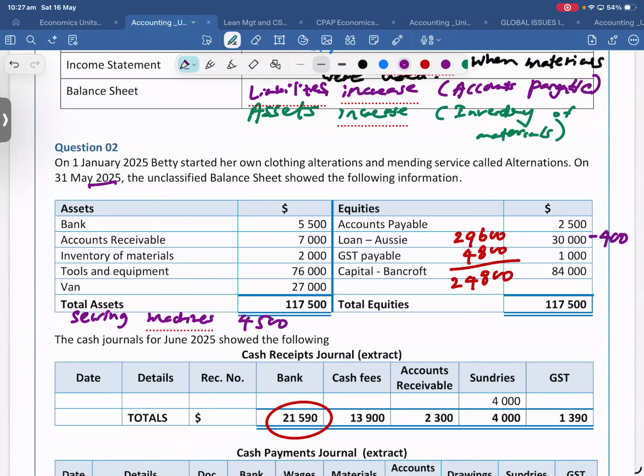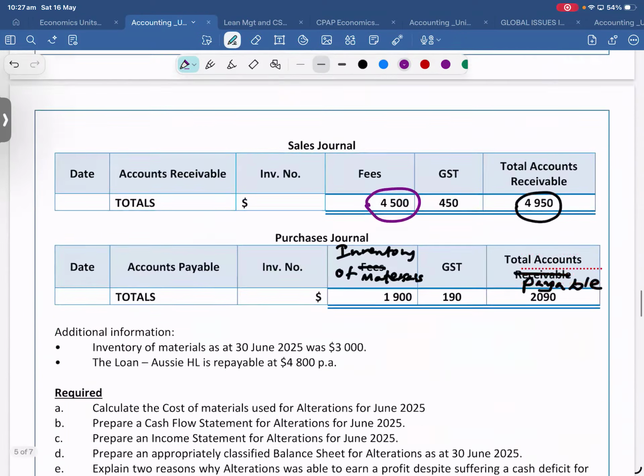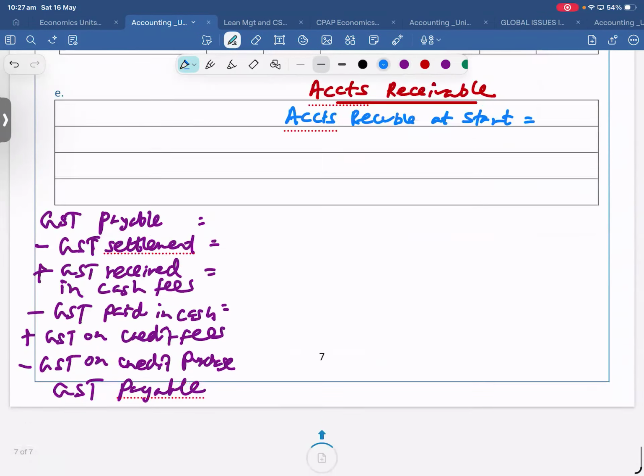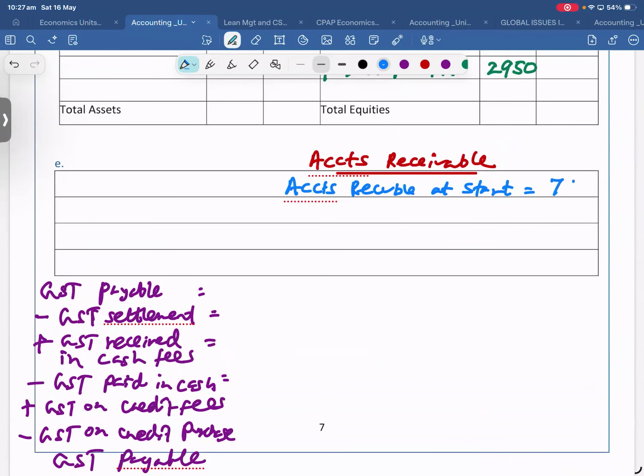Basically, 7,000 we can record at the start, right? Then for that you are adding sales, in the sense credit sales plus GST.